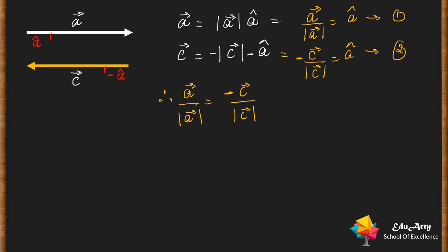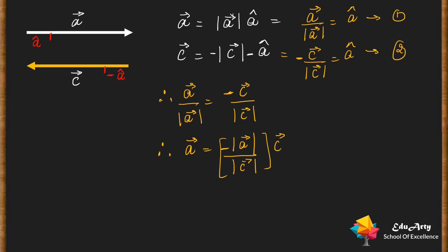Now we can continue doing the same thing. A vector is thus equal to magnitude of A vector, and we take this negative sign here, minus magnitude of C vector into C vector, correct?